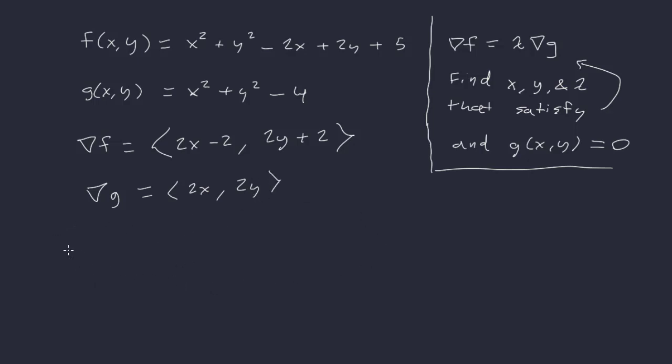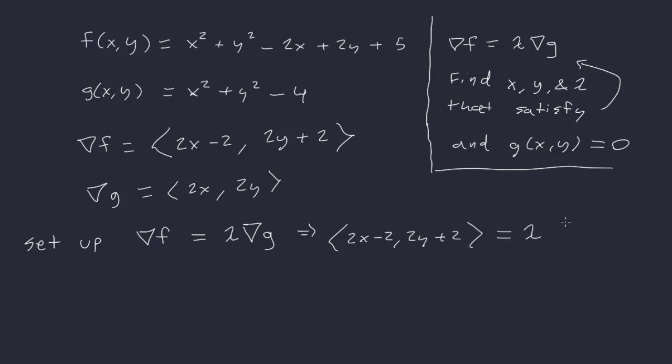All right, so now we're going to set up the fact that gradient f needs to equal a constant times gradient g. This is going to essentially give us two equations, because what we have is 2x minus 2 comma 2y plus 2 is equal to some constant lambda times 2x comma 2y.